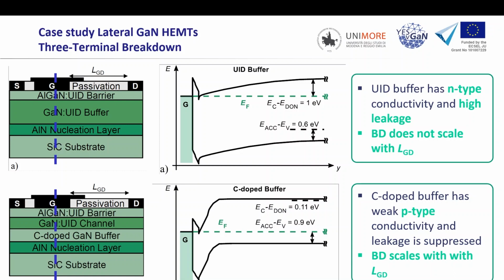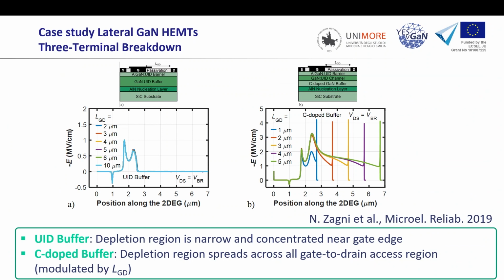Instead, when you dope with carbon, which is why you do it, you move the Fermi level closer to the valence band. So this will basically become a weakly p-type region. So then in this case, your buffer leakage will be suppressed, at least by some orders of magnitude.